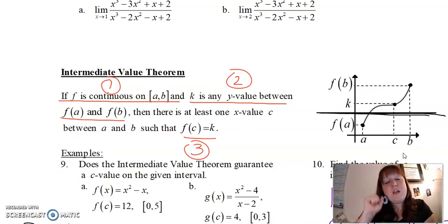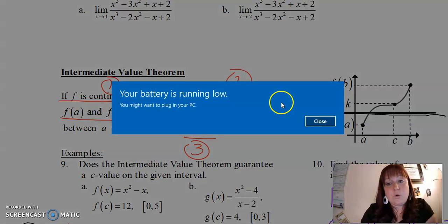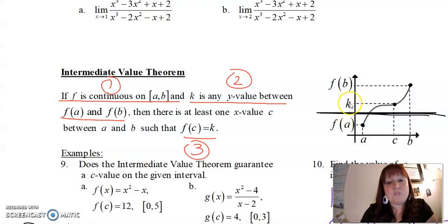We just can't even use the intermediate value theorem. So remember, the things that you have to check when you're doing the intermediate value theorem: you absolutely have to check, is the function continuous on the stated interval? Second, you have to check if the k value that you're looking for, or we can say this y value that we're looking for, is in between the y value of a and the y value of b. Okay?